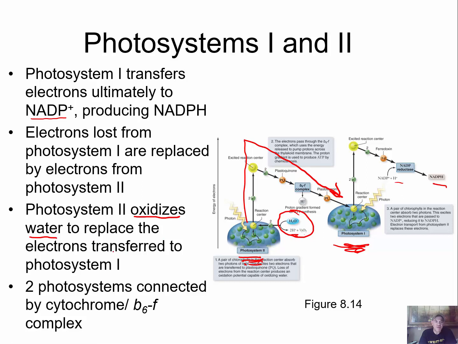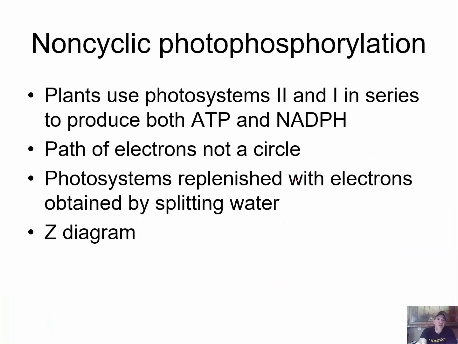The two photosystems are connected by our cytochrome, or what's called the B6F complex. That's this complex of protein molecules here that is responsible for pumping protons into the thylakoid.